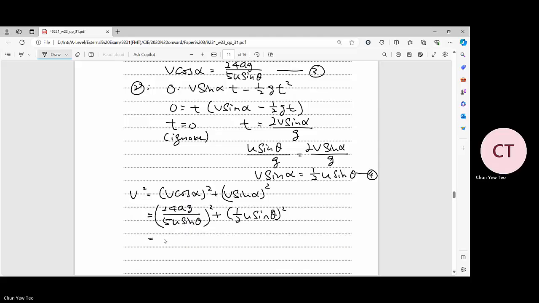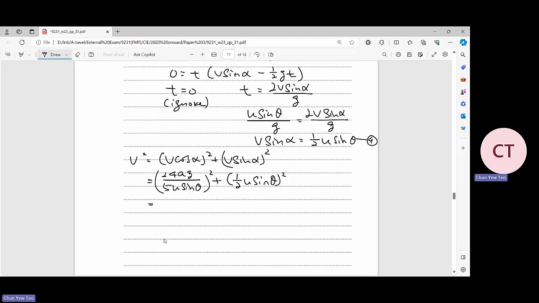So this one, your 24 squared, 576. So you have 576 A squared G squared divided by 25 U squared sine squared theta, plus U squared sine squared theta over 4.